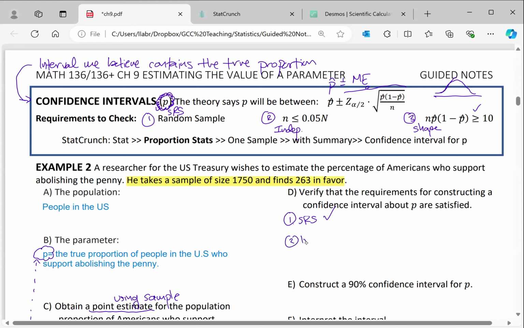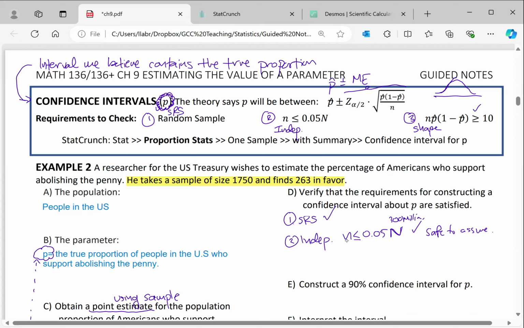Number 2, do we have the independence condition? So is n less than or equal to 0.05 times capital N? And this one, again, we're going to check it off, safe to assume. It's safe to assume because big N right here, in this case, is at least 300 million.